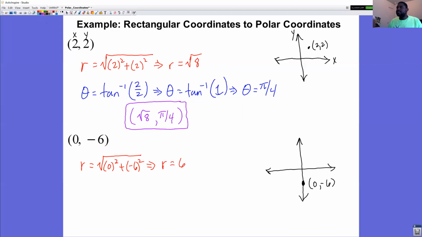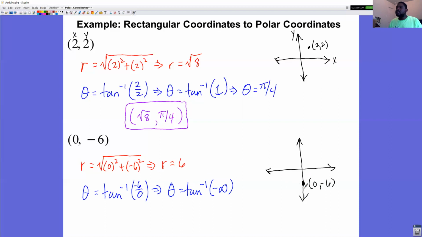Our theta value is going to be tangent inverse of negative 6 over 0. And we're looking for an angle that has a y and x coordinate that, when divided, gives us negative infinity. Why negative infinity?